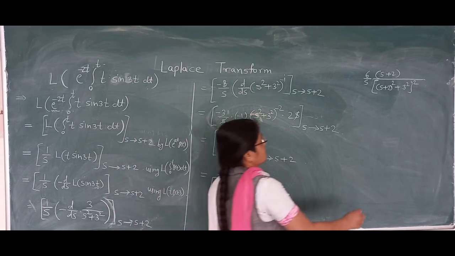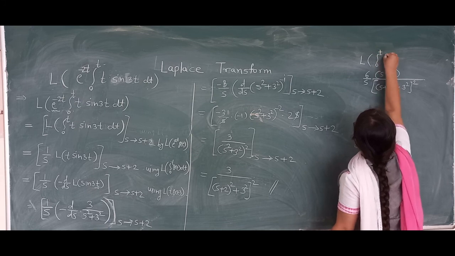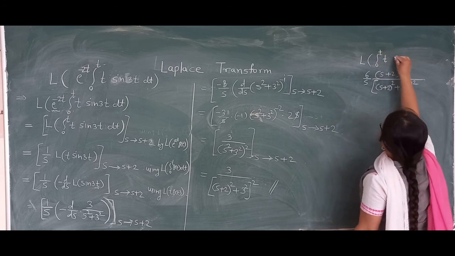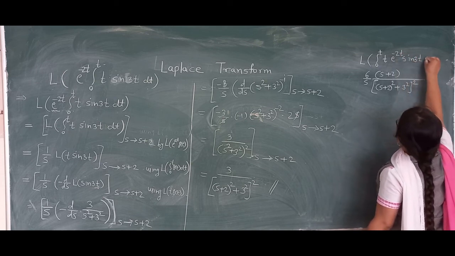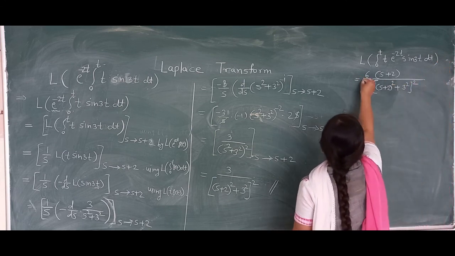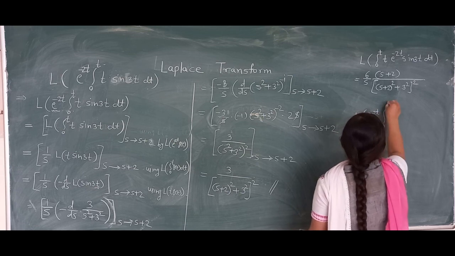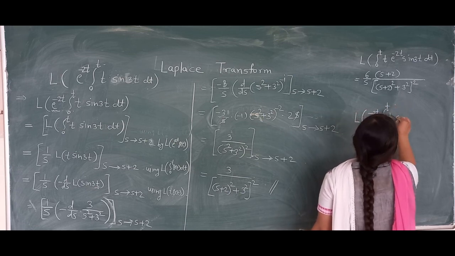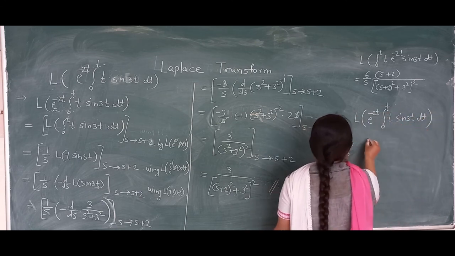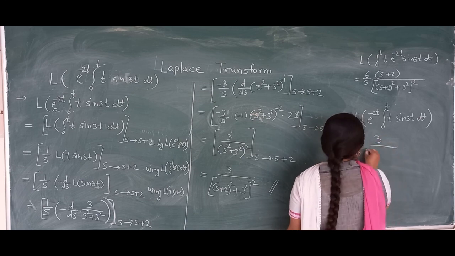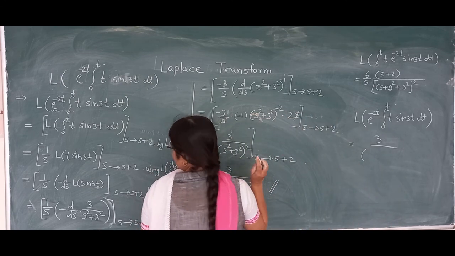Now if I write this question, this is the answer for Laplace of integration 0 to t e raised to minus 2t sin 3t, is equal to, and now this is the answer for e raised to minus 2t integration 0 to t sin 3t, and the answer is 3 upon... Where is 2?